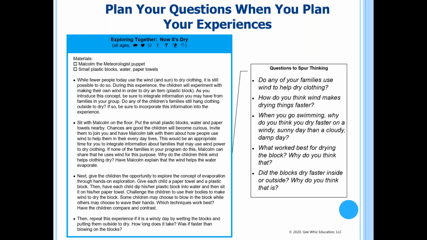For instance, the first one: do any of your families use wind to help dry clothing? That's a closed question, right? There's a set answer to that. But the next one, how do you think wind makes drying things faster, is a very open-ended question. And the next one: when you go swimming, why do you think you dry faster on a windy, sunny day than on a cloudy, damp day?